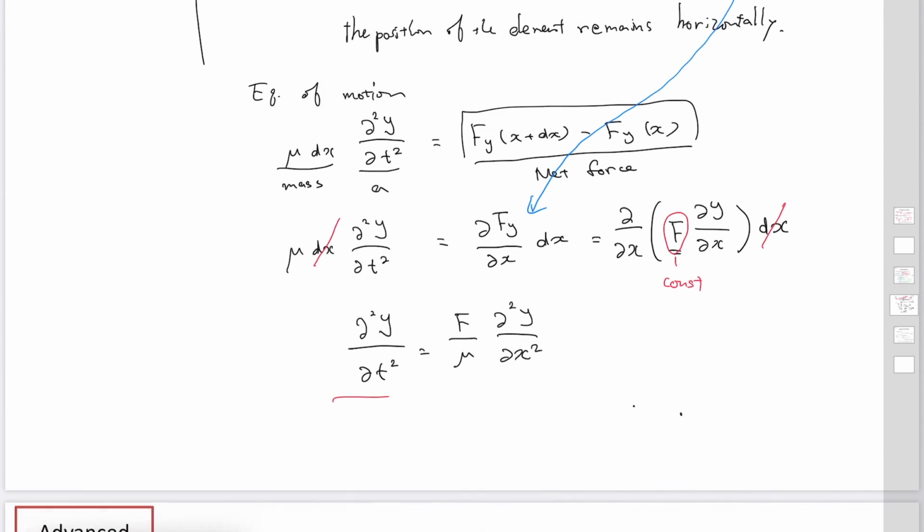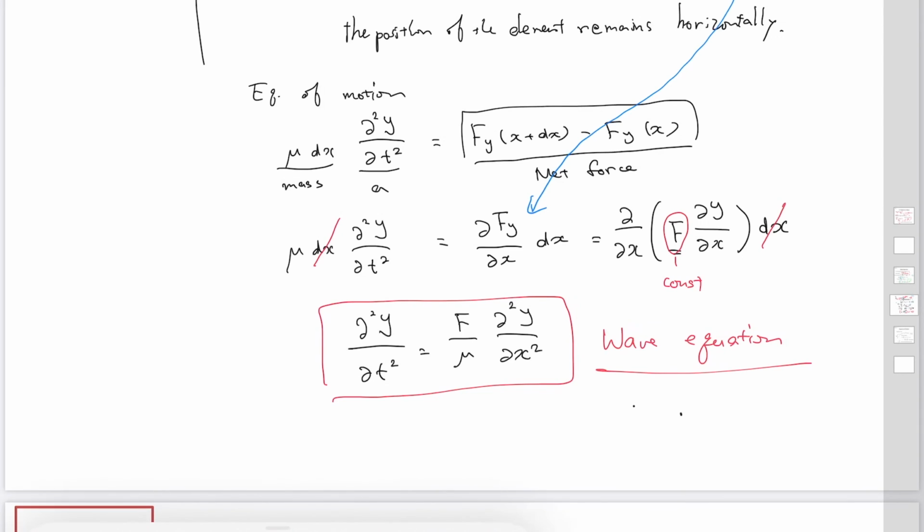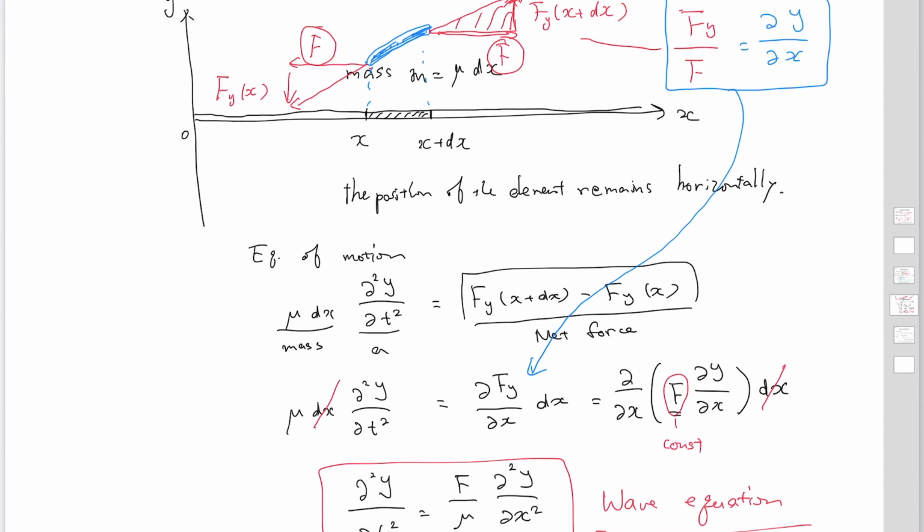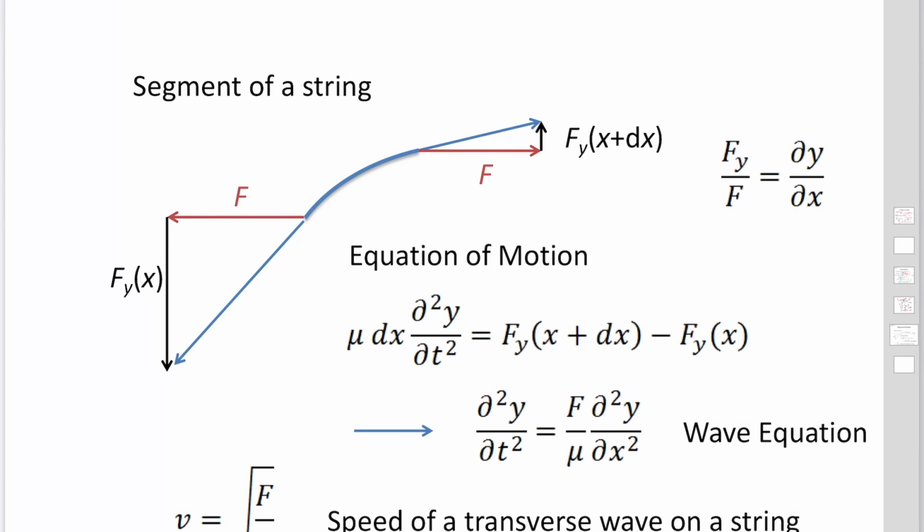Okay, so we derived the wave equation. In this situation, we only used the equation of motion from Newton's laws, and then found the wave equation of the string. Okay, this is the end of this section.